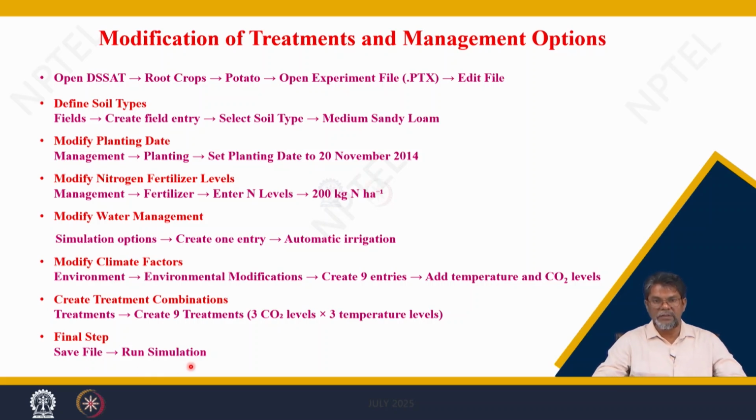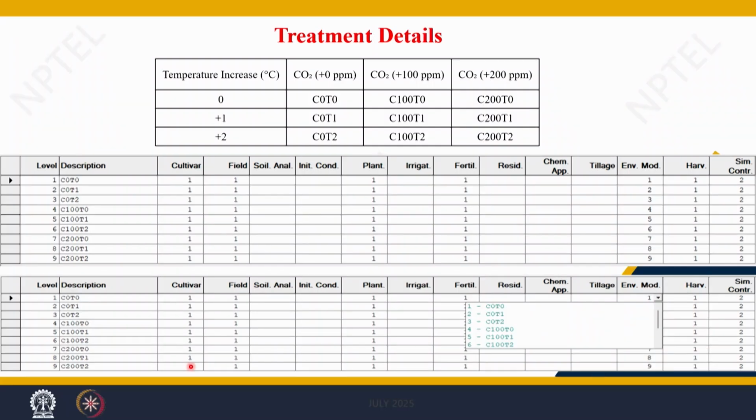Here you can see these are the treatment combinations, the same as for the previous rice experiment. You have the temperature increase at 3 levels, 0 degree, 1 degree and 2 degrees Celsius. CO2 increase also at 3 levels, 0 ppm, 100 ppm, 200 ppm.